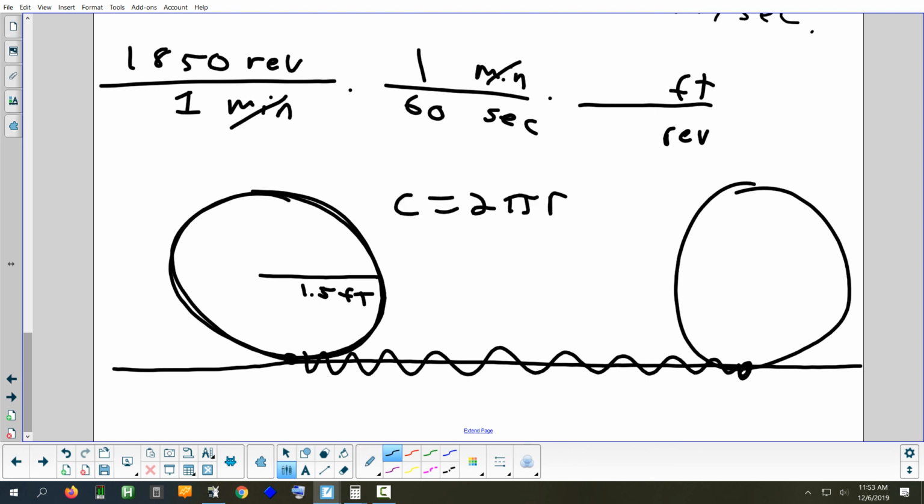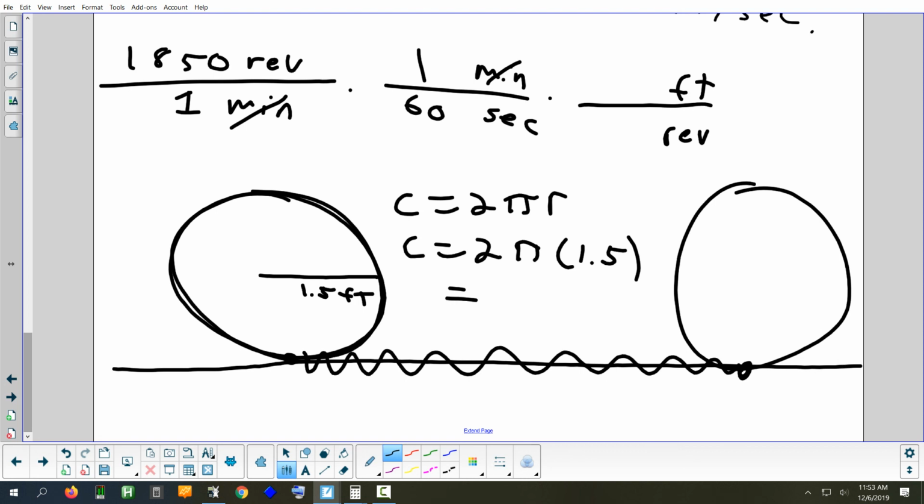What did we just say the radius was in feet? 1.5. It's 1.5 feet. What's 2 times pi times 1.5, as an exact answer with pi? 9.424.